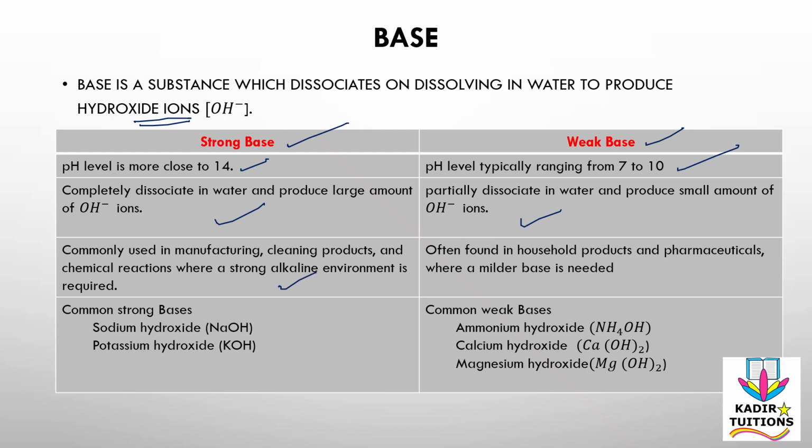Mostly the strong bases are used in manufacturing industry, cleaning products and chemical reactions where a strong alkaline environment is required. Weak bases are usually used in household products. Examples of common strong bases are sodium hydroxide and potassium hydroxide, and examples of common weak bases are ammonium hydroxide, calcium hydroxide, magnesium hydroxide.